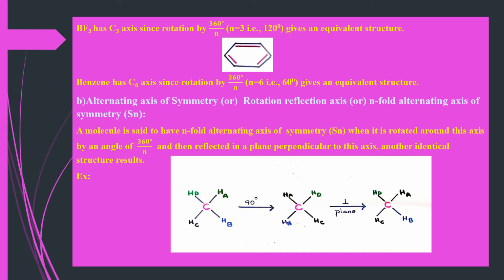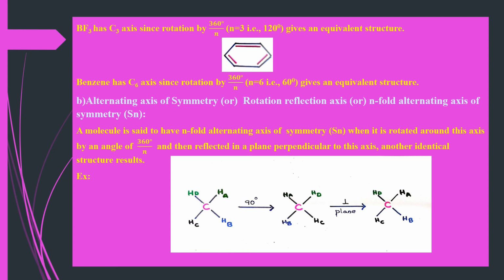That is the first type under axis of symmetry. Coming to the second type, it is called alternating axis of symmetry, or rotation reflection axis, or n-fold alternating axis of symmetry, denoted by Sn. If you understood Cn, then Sn will be very easy, students.